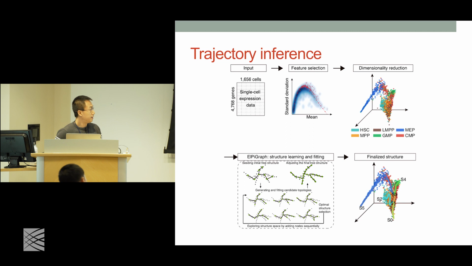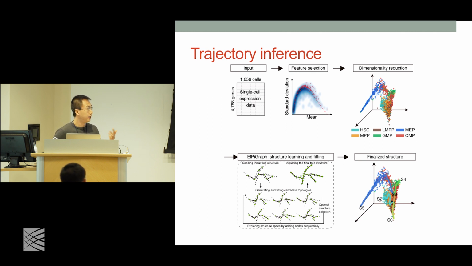Here is the overview of our STREAM pipeline. I will go into details for some parts. Starting from the single-cell gene expression matrix, first of all, we need to do the feature selection. Basically, we are selecting the most variable genes.